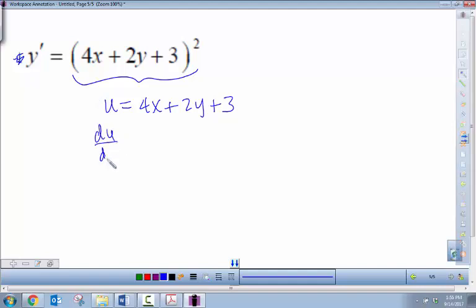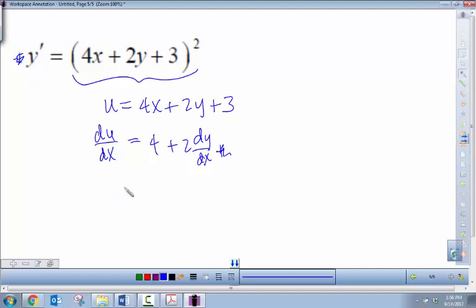We'll go du/dx. du/dx is equal to 4 plus 2 dy/dx plus 0, that's gone. So this is our dy/dx.